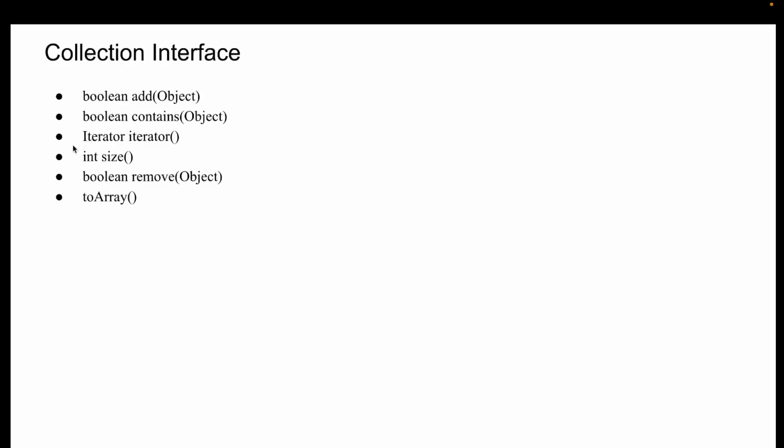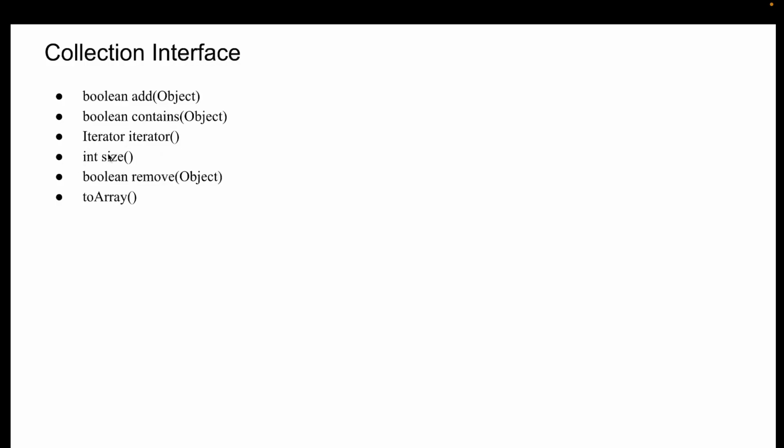And I've already talked about this iterator. This is used for iterating through your objects. So if you want to iterate through, suppose, a list or a set or a stack, you can use an iterator. We'll see the implementation of each of these.